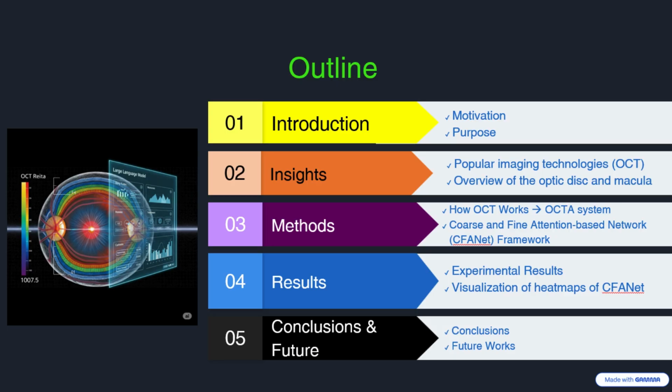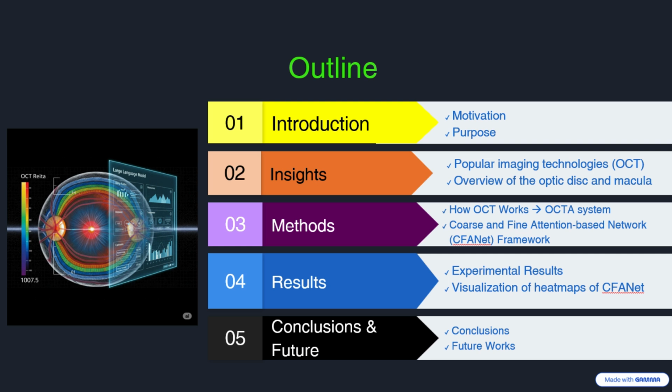So first I will talk about the outline of this presentation. First I will talk about the introduction, the motivation and purpose behind this research and its impact for future medical health diagnosis. Then in the insights, I will talk about the popular imaging technologies, especially OCT, and also an overview of the optical disc and the macula.